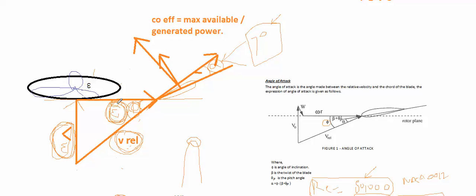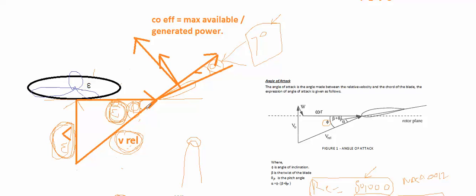They are random in nature. So you can imagine that phi is also random. Phi keeps on changing as the wind speed changes. So as phi keeps on changing, naturally the angle of attack will change, isn't it? The angle of attack has to change as this angle of inclination changes.